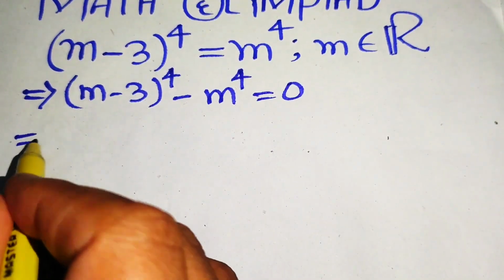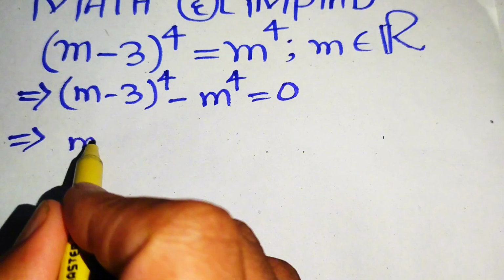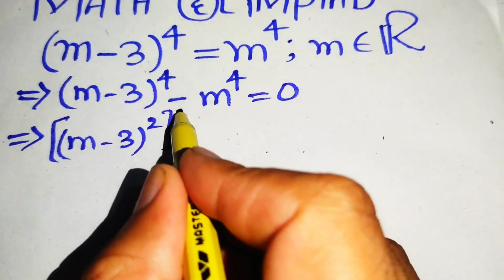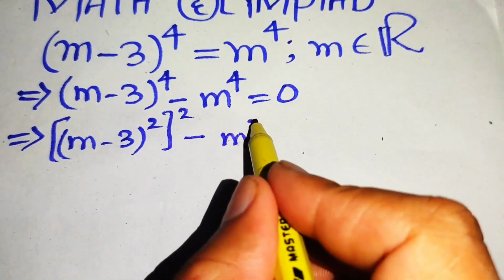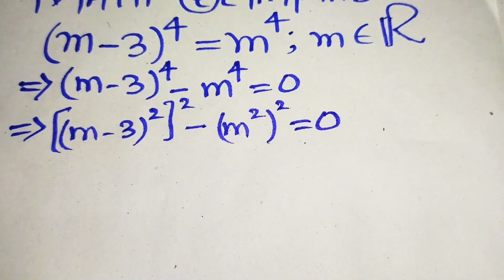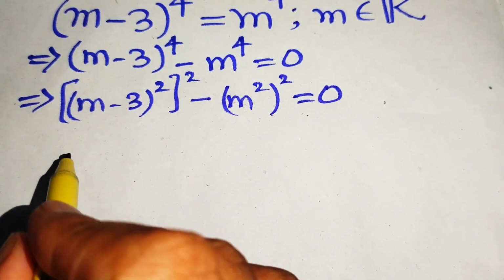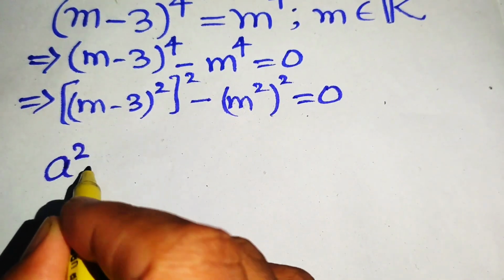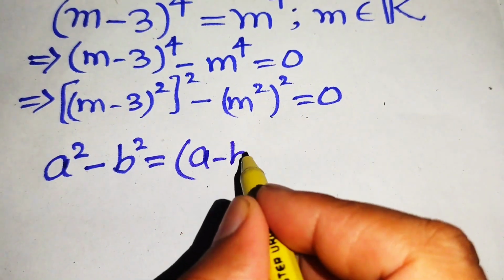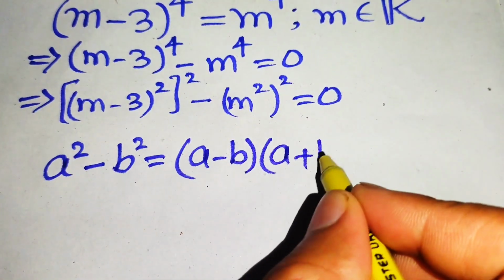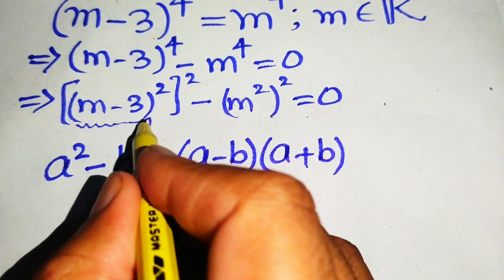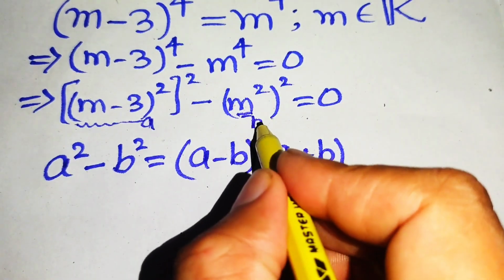In the next step, we write this equation as ((m − 3)^2)^2 − (m^2)^2 = 0. After that we use the nice square identity, and you know about this identity: a^2 − b^2 = (a − b)(a + b). So here we take (m − 3)^2 equals a and m^2 equals b.